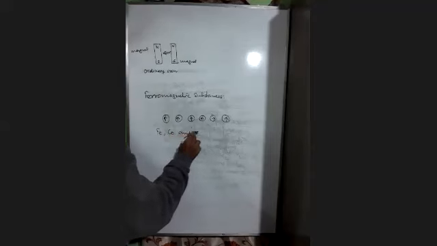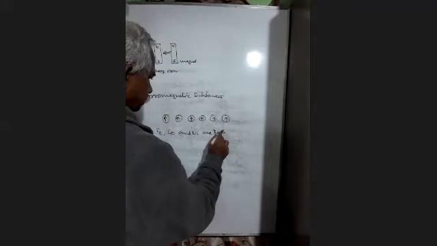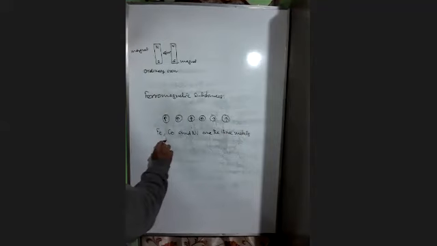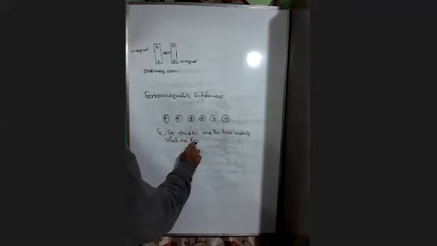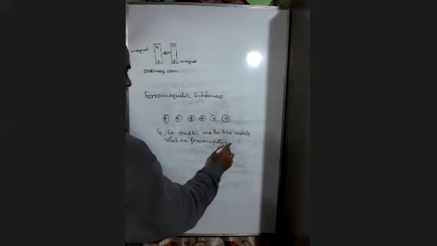All right. Now, what are the substances that can be named as ferromagnetic substances? Please remember: iron, cobalt, and nickel are the three metals which are ferromagnetic in nature.